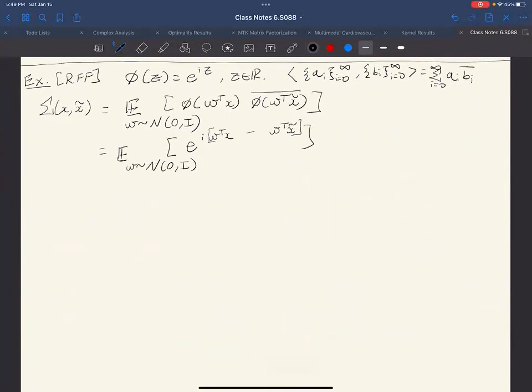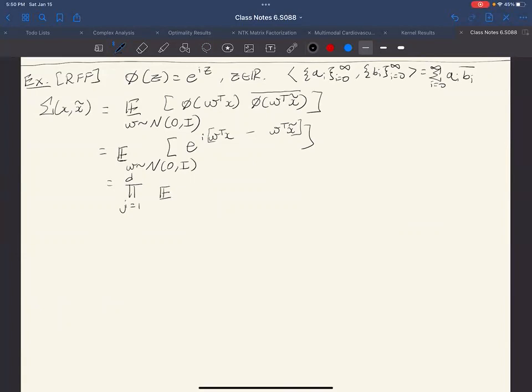Now, because all of the entries of W are independent of each other, this is this isotropic condition here, where the covariance matrix is the identity, I can do the usual trick. Let me write it as a product first, j equals 1 to d.